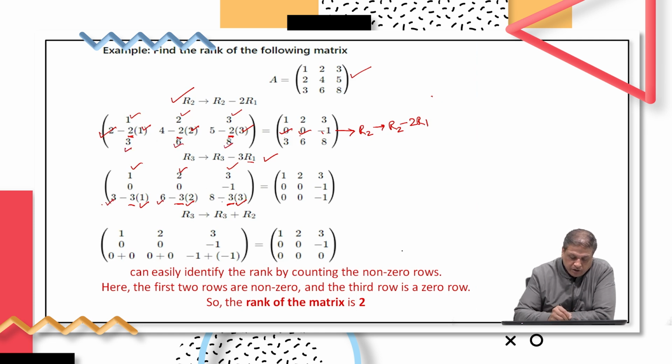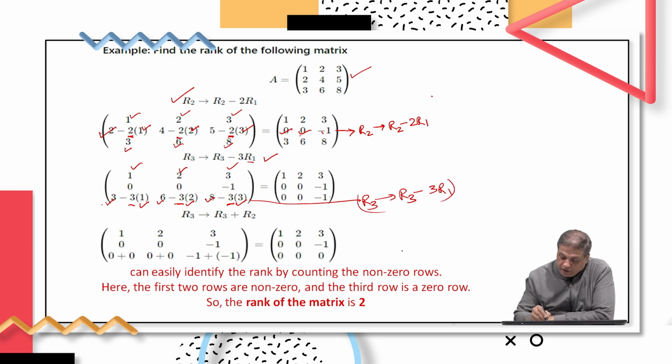So, R3 is replaced by R3 minus 3 times R1. After performing this operation, what values will you get? You will get these new values, that is 0, 0 and minus 1 as R3.